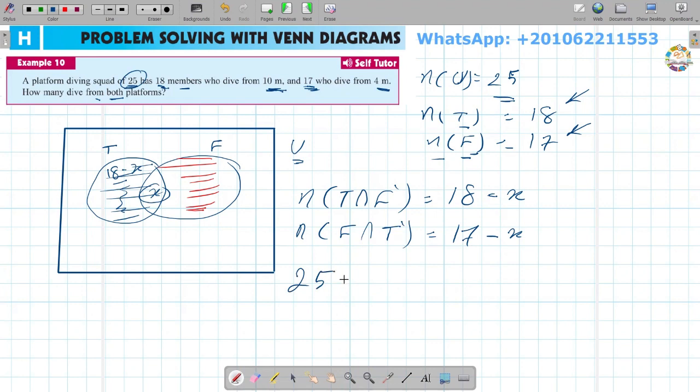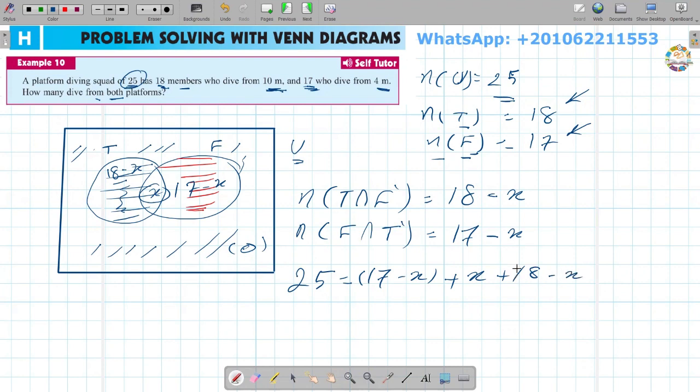We don't have any members outside these two sets, so we have 0 members there. Then 25 equals 17 minus X plus X plus 18 minus X.